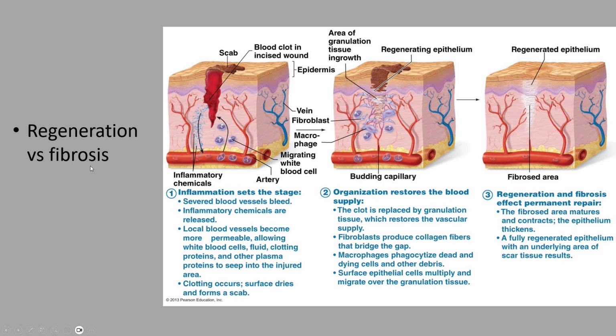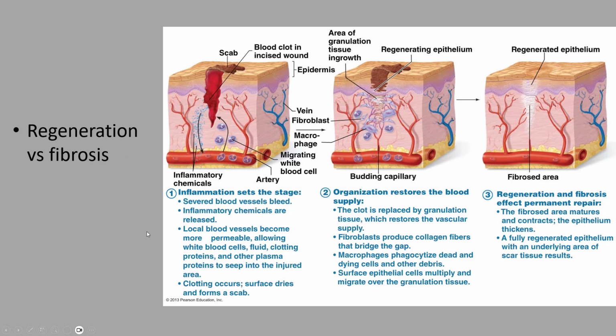When a tissue is repairing itself, it is not straight regeneration, it is not straight fibrosis, it is a combination of both. But depending on the type of tissue, maybe you get more regeneration, or maybe you get more fibrosis.